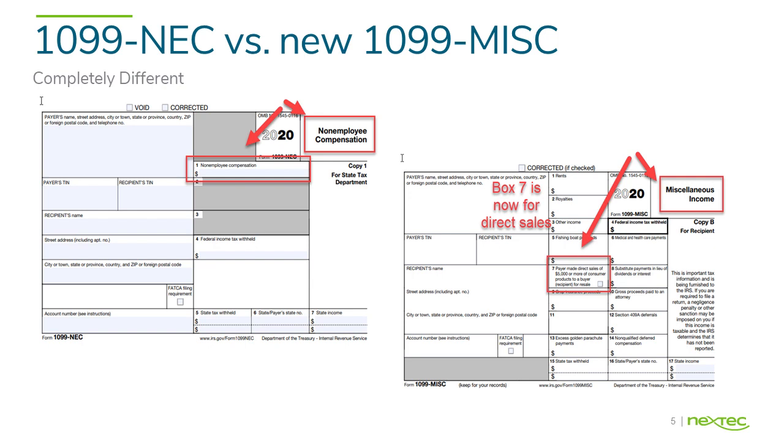Any of the 1099 miscellaneous forms that you've had from years past can no longer be used if you're reporting any non-employee compensation. You see now on the right that box 7 is now used for direct sales in the 1099 miscellaneous form. So again, please consult your accountants and make sure that you get the right forms to file for year 2020.